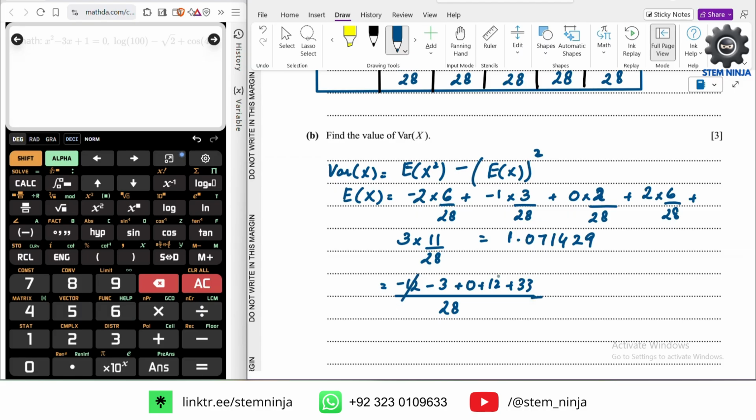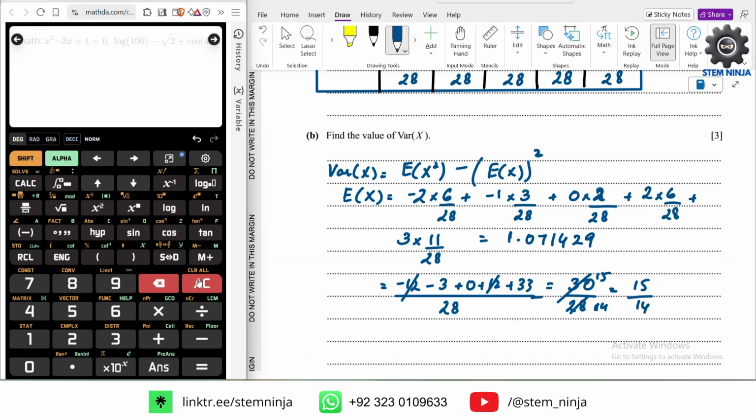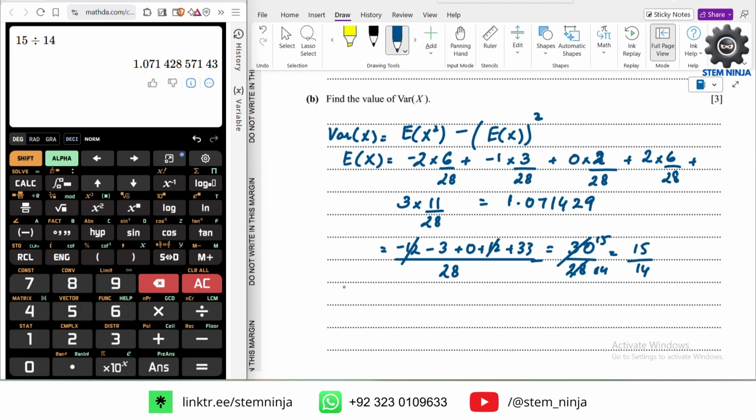So minus 12 and 12 would be cancelled. This would be 30 over 28, which would be just 15 over 14. I think this would be the better thing to do, because this way we can keep some accuracy also.